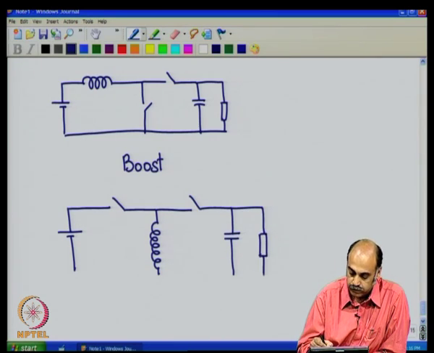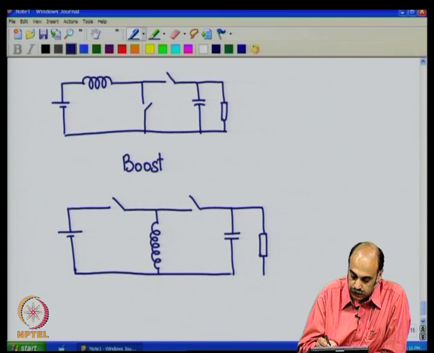You have the load. This is the buck boost converter.